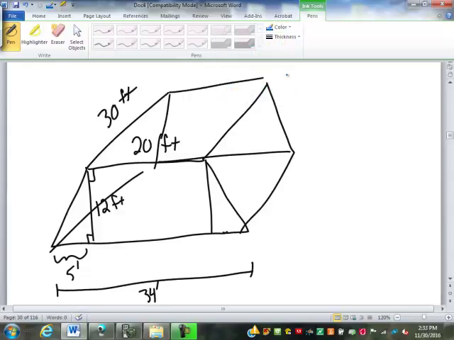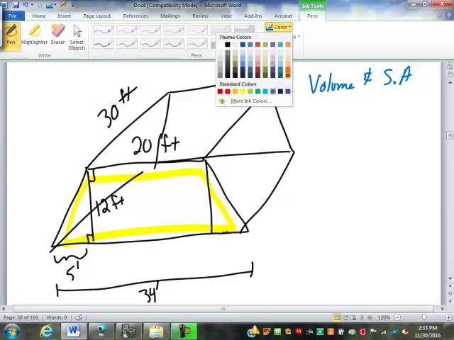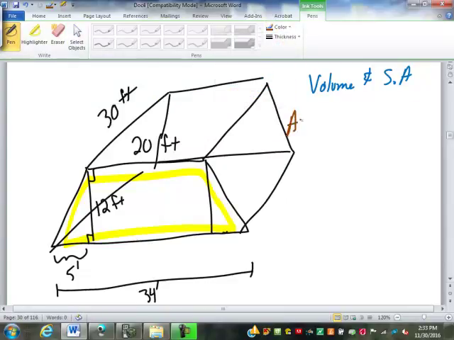So if I want to find the volume and the surface area of this object, first of all, I have to decide what the base is. And the base is just the trapezoid here. And the reason that's the base is because that is the shape that I can pull through to the other end, and it matches up with the other end as I pull it through. So I'm going to find the area of that base, so the area of that trapezoid first.